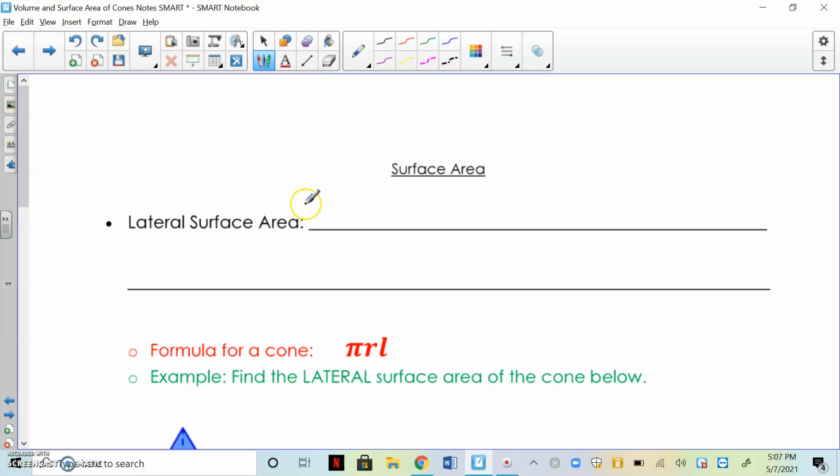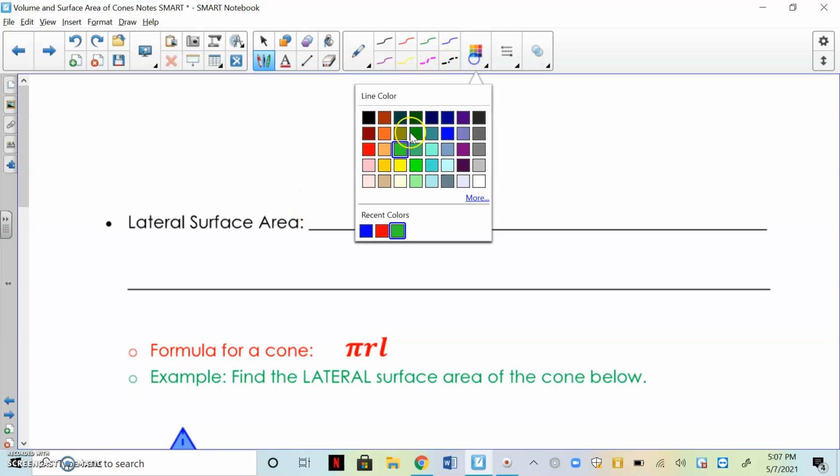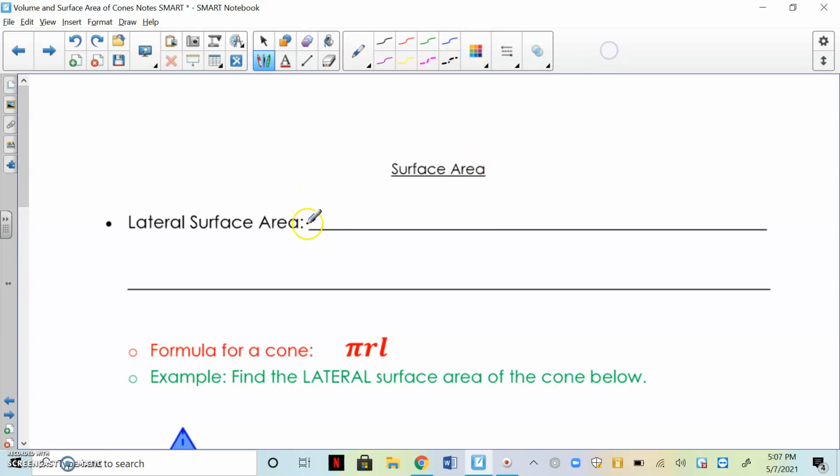The lateral surface area, on the other hand, is the sum of areas that enclose a figure. However, that does not include the bases.